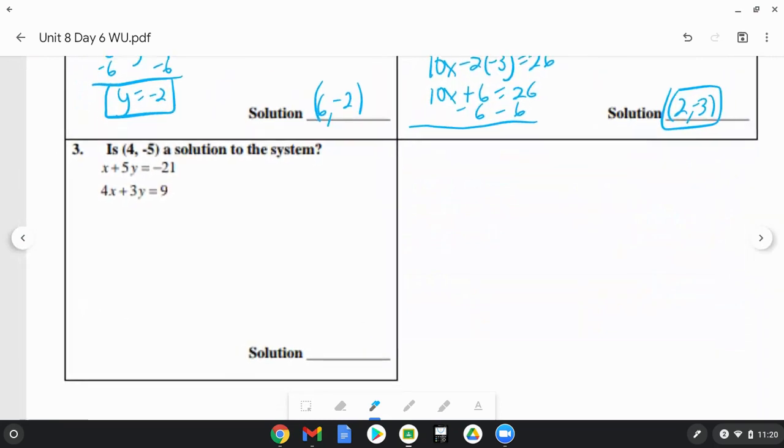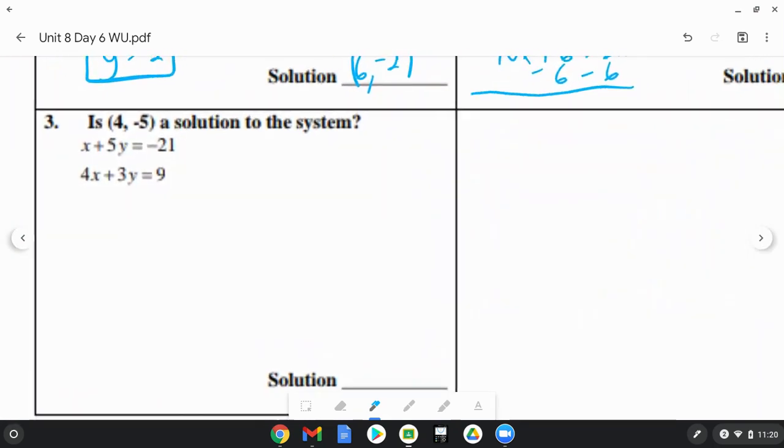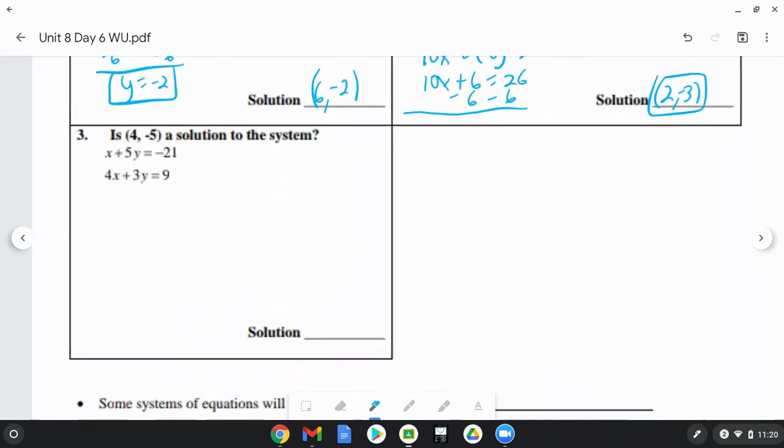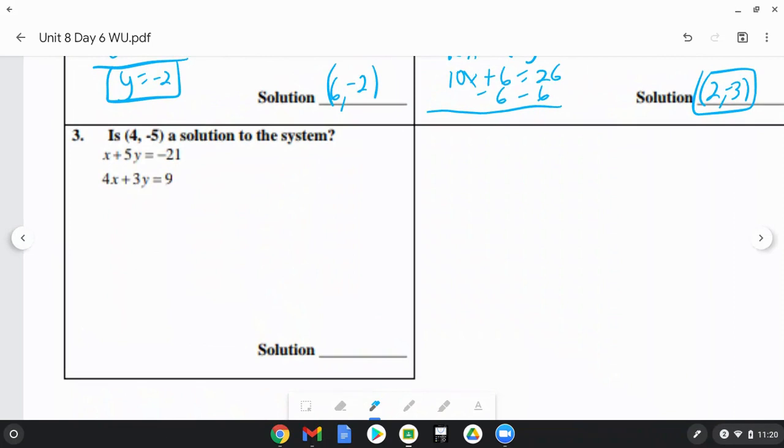Number 3 is something from before. It says, is 4, negative 5 a solution? So, well, let's see if we plug it in. I know that this is x and this is y. So for the first one, that would be 4 plus 5 times negative 5 equals negative 21. So that'd be 4 minus 25 equals negative 21. So it'd be negative 21 equals negative 21.